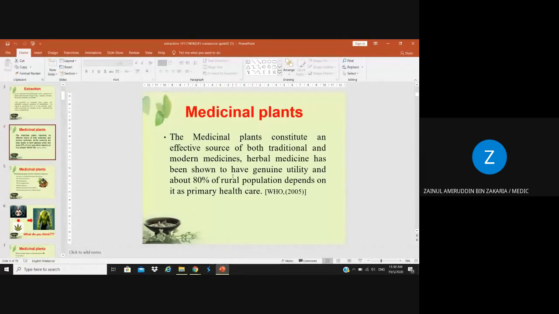They rely on medicinal plants. They choose medicinal plants as a source of medicine to treat their diseases instead of modern medicine, because this is very expensive.